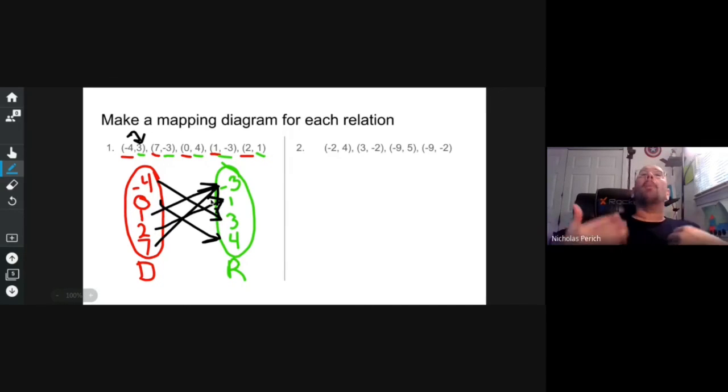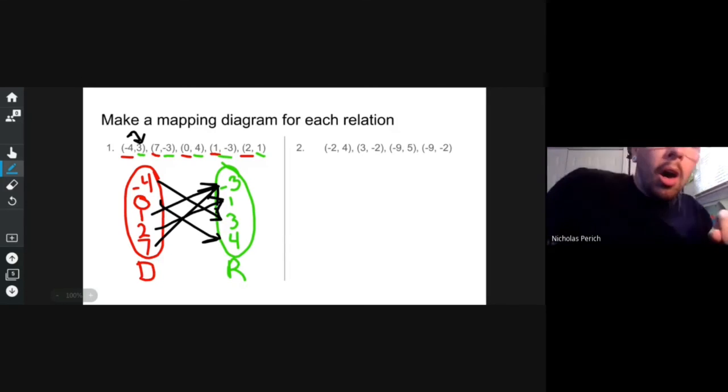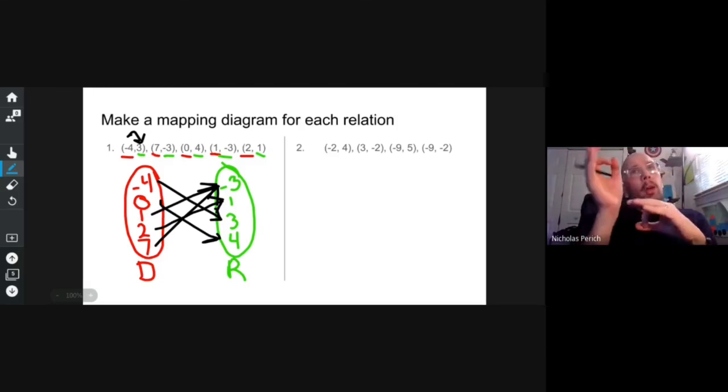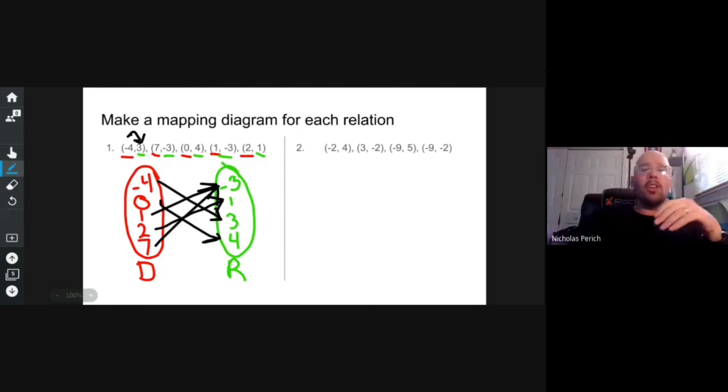The most common questions I get are, how do I know the numbers that I put in? Make sure they're in order, and your domain are your x values, and your range are your y values. How do I know the arrows? It always goes from the left to the right, and the number you go to is dependent on the point. Since 0 goes to 4 on the point up here, then 0 goes to 4 in the bubbles down there.